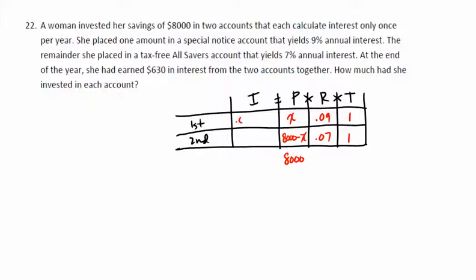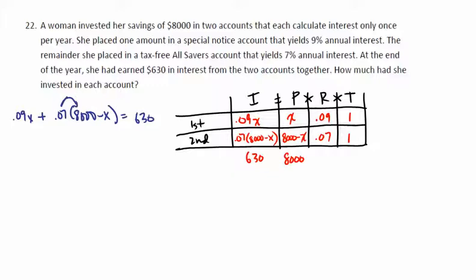And so we have 0.09x as our interest for the first, and 0.07 times 8,000 minus x as our interest in the second account. What we do know about the interest earned is that together they made $630 in interest, so we set up our equation as such. 0.09x plus, we have to add the two interest amounts together, 0.07 times 8,000 minus x is equal to 630.